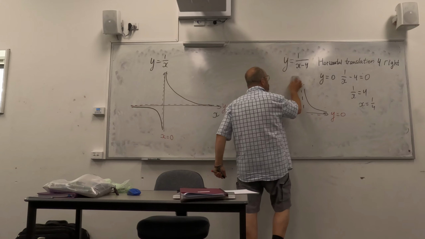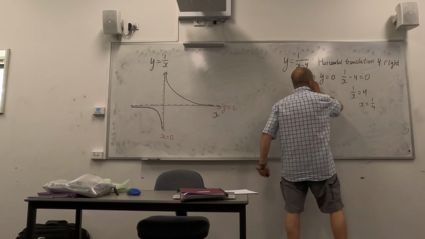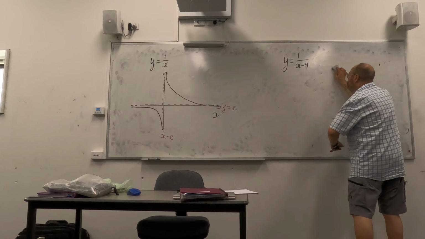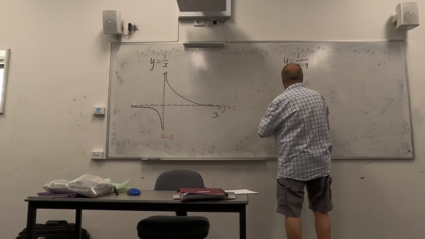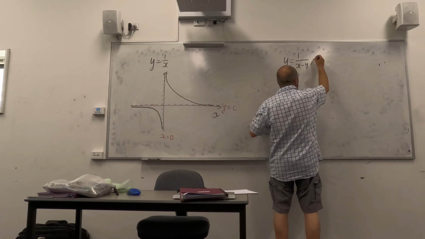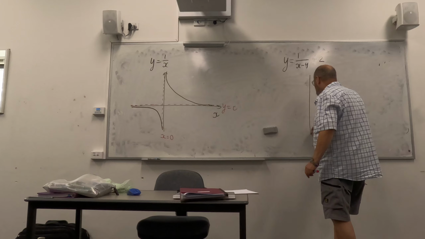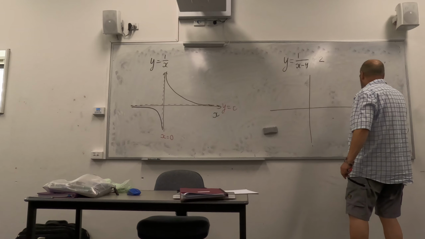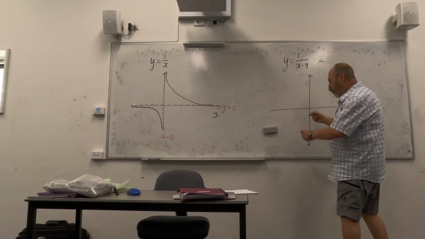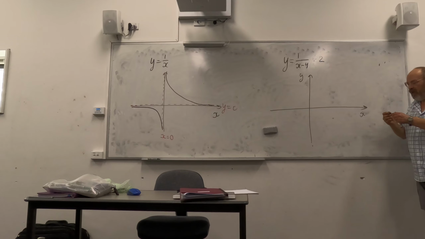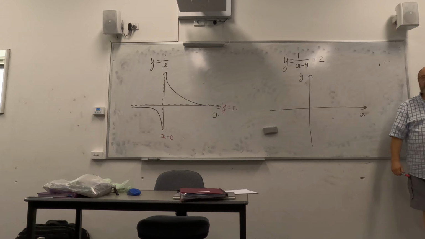Now let's do two transformations at the same time. Let's sketch the graph of y equals 1 over x minus 4, plus 2. What will be the equations of the asymptotes? What will be the horizontal asymptote?